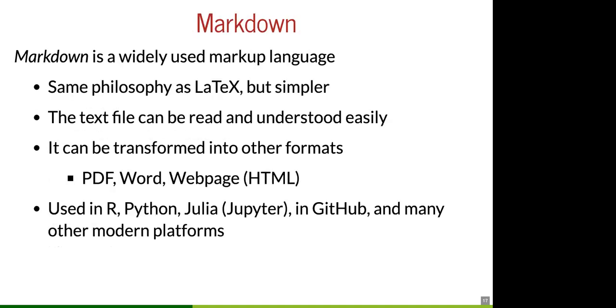Markdown is widely used, and it can be used for making PDF, for making Word, for making web pages. And as you may remember, it's used in R, it's used in Python, in Julia. So there is a system called Jupyter, which is Julia, Python, and R. And they are all in this context using Markdown.